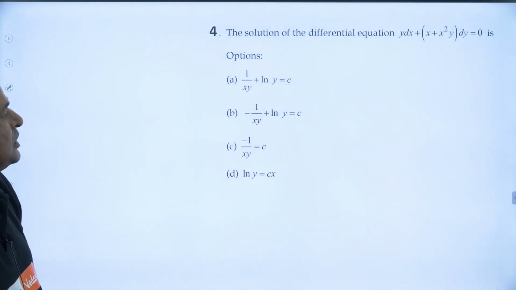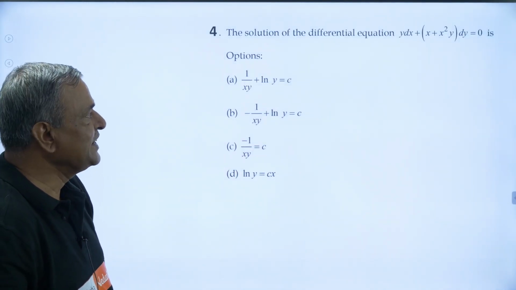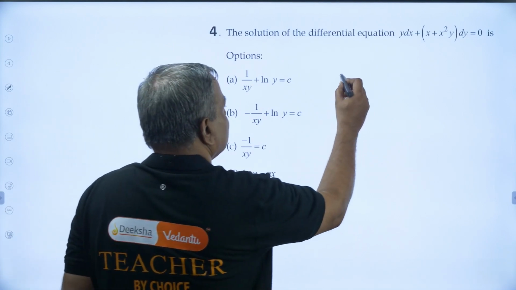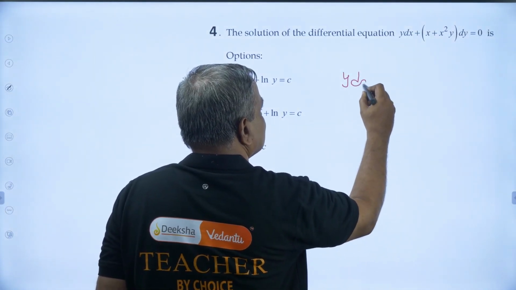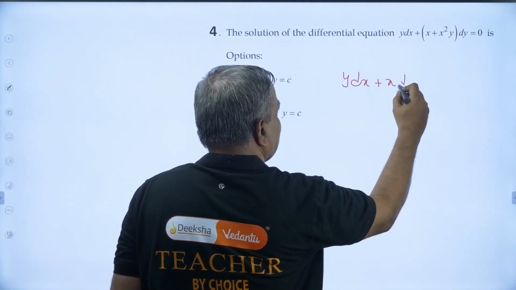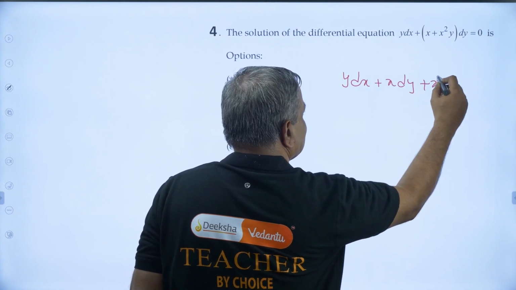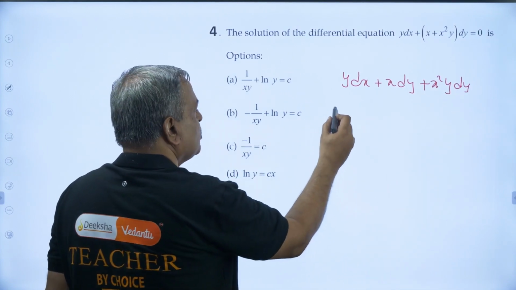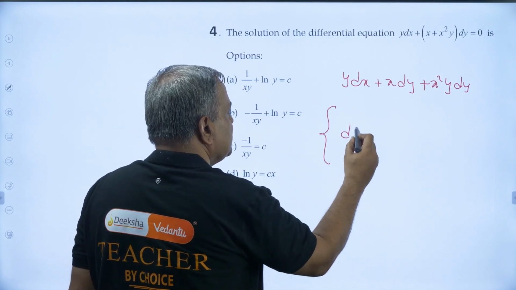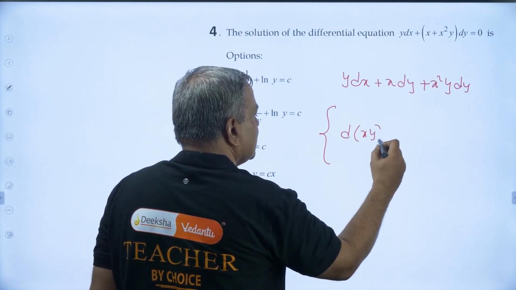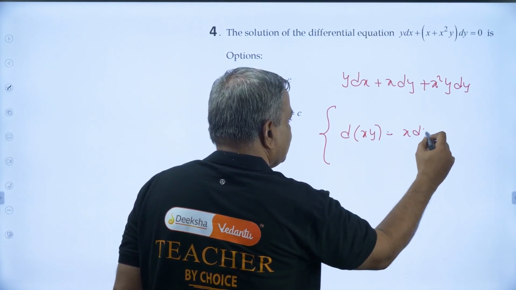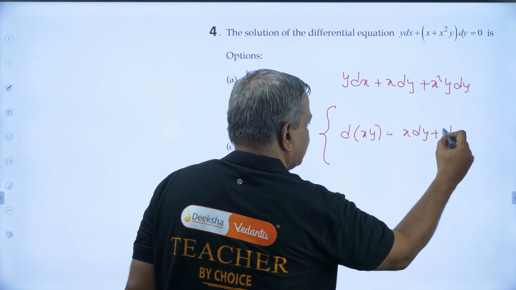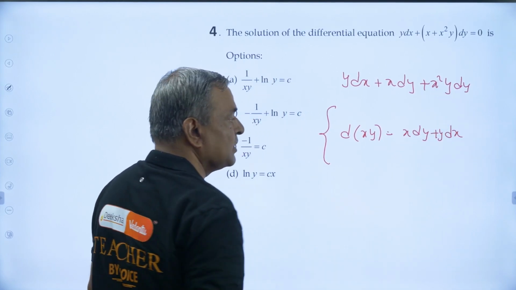It's a good question. Solution of the differential equation y dx plus x dy plus x square y dy. Here I am writing a concept. It will be useful. D of xy is x dy plus y dx. Please remember the formula.